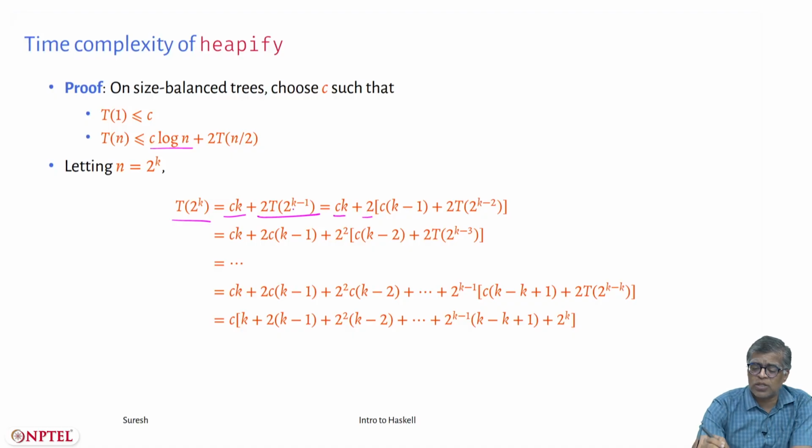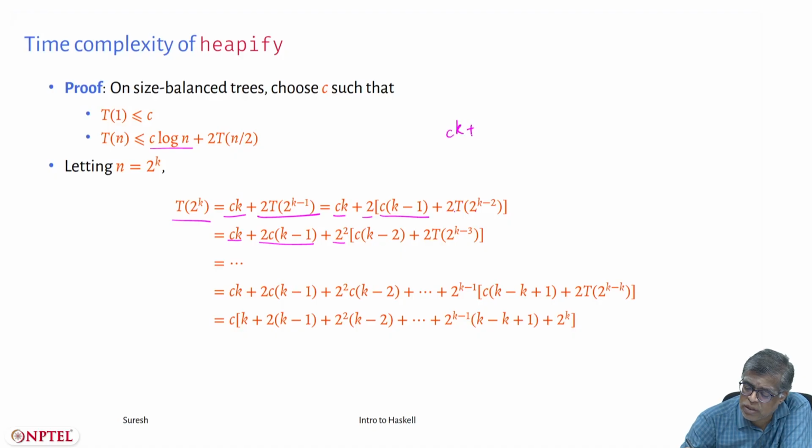Let's expand the recurrence. T(2^(k-1)) should be c(k-1) plus 2T(2^(k-2)), but I can multiply the 2 inside, so I will get ck plus 2c(k-1) plus 2^2 T(2^(k-2)).